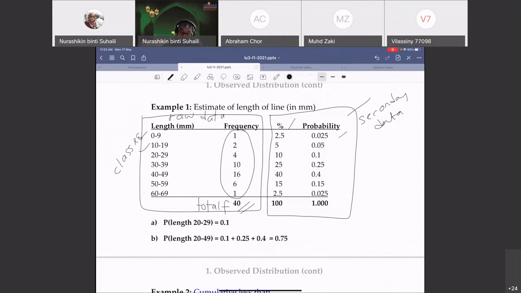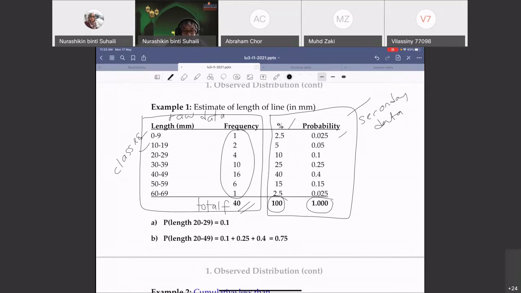And the total probability in decimal is 1, or the percentage is 100%. So each of these is the probability of each of the classes, and that is individual probability.